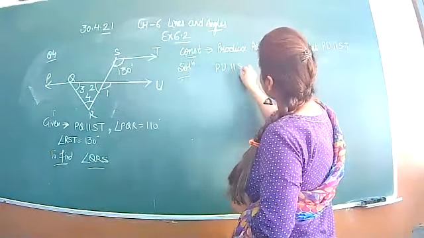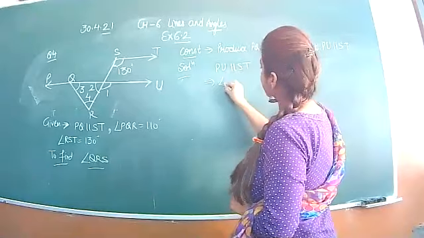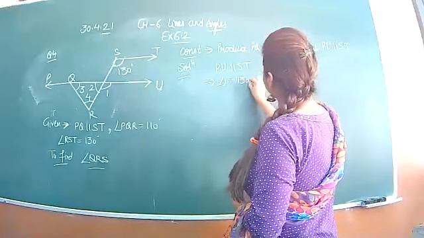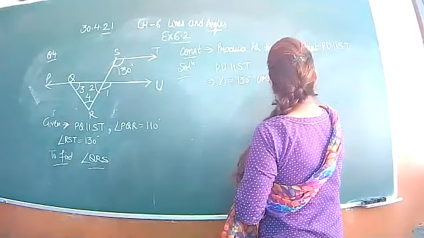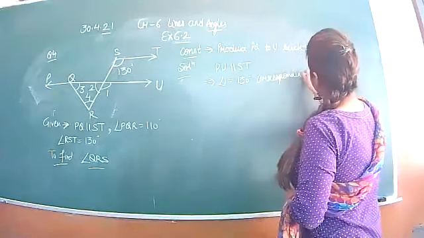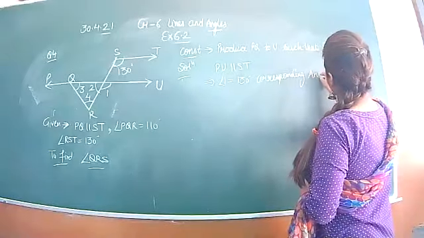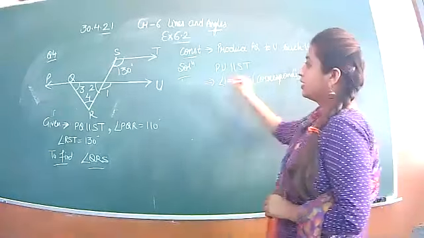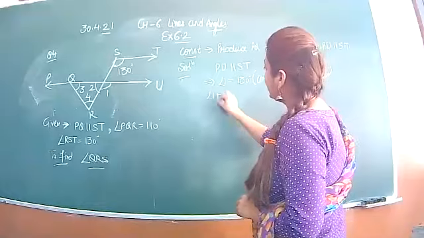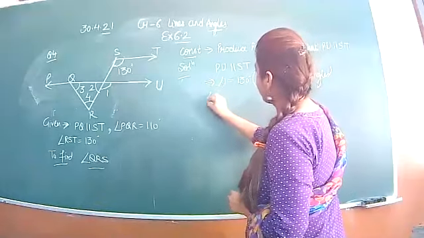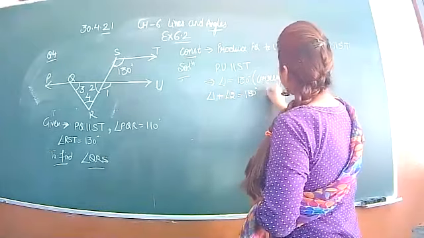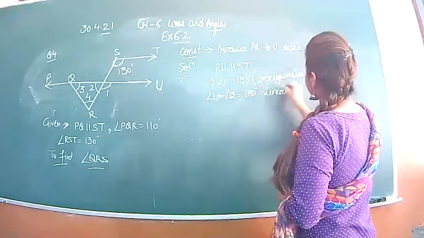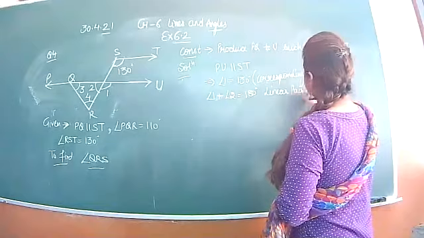PU is parallel to ST. This implies angle 1 is equal to 130 degrees, corresponding angle. Now angle 1 and 2 are forming 180, that is linear pair.